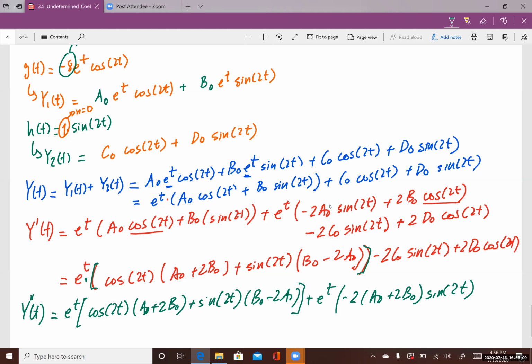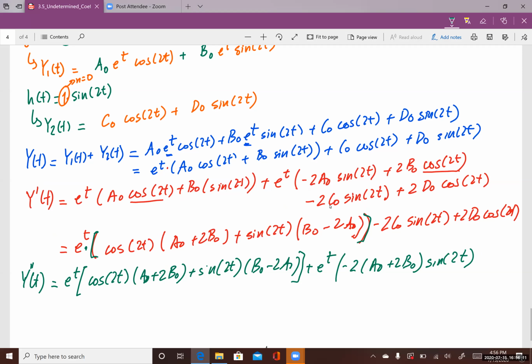Okay, and then I would take the derivative of this, which will be plus (2b0 minus 2a0) cosine of 2t.